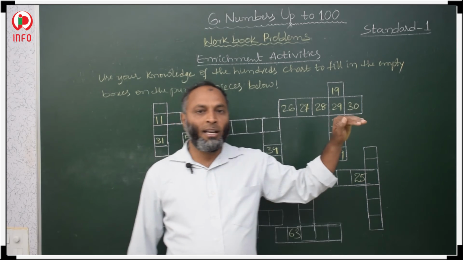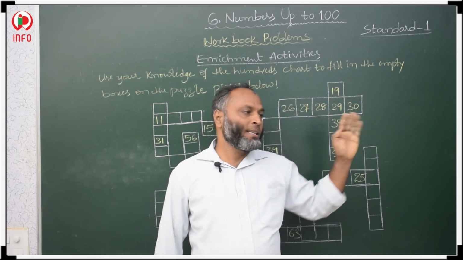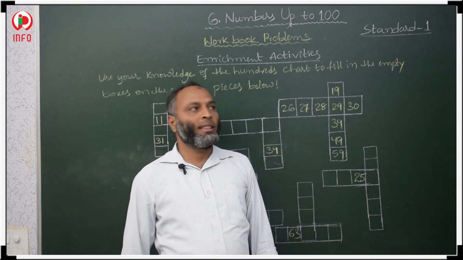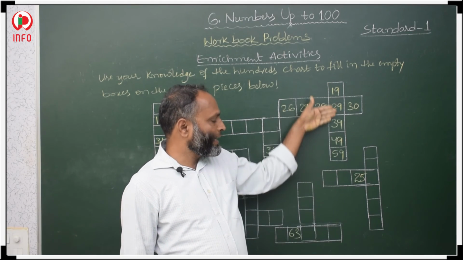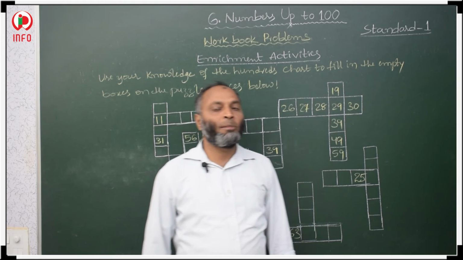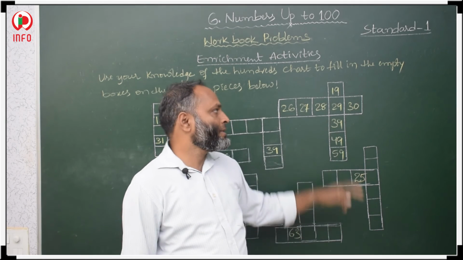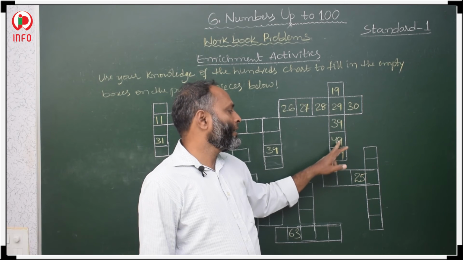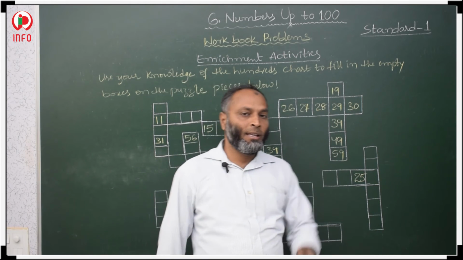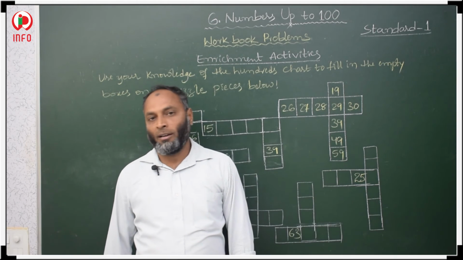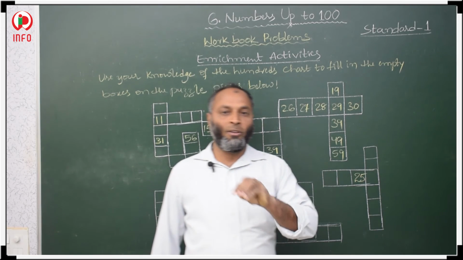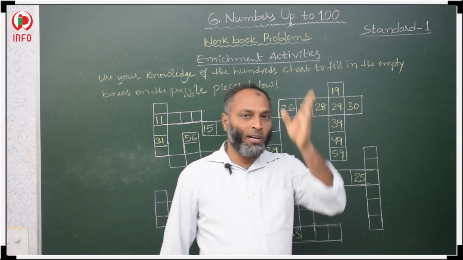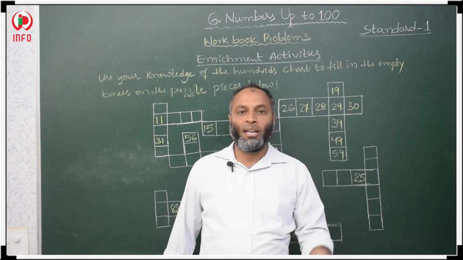When a vertical line is there, we have to skip 10, 10 numbers, like 19, 29, 39, 49, 59. Keep these two things in mind. When we fill a horizontal line, write serial numbers. For vertical lines, skip 10 numbers.